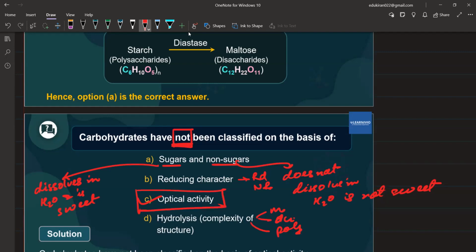We have not classified them on the basis of optical activity. Clear है सबको? Yes or no? Please tell me, guys. Yes or no? हाँ ना, कुछ तो बोलिए। शांति बनाए रखते हैं। Yes, thank you very much.